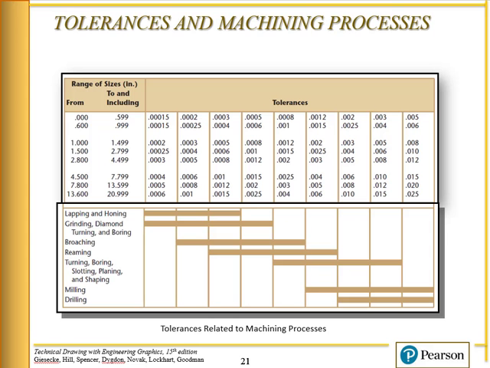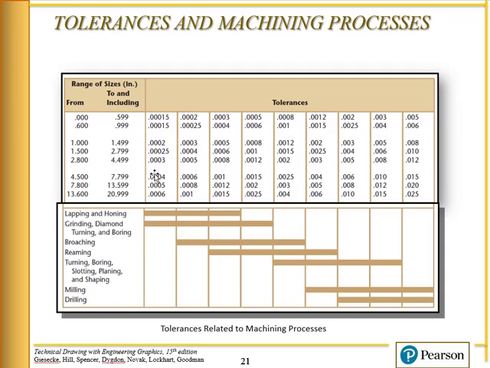So, tolerances and machining processes. It's true that different machining processes have different capabilities in terms of what tolerances can be held. And this chart here shows that, well, when we're up and around in higher tolerances here, that's our milling and drilling.